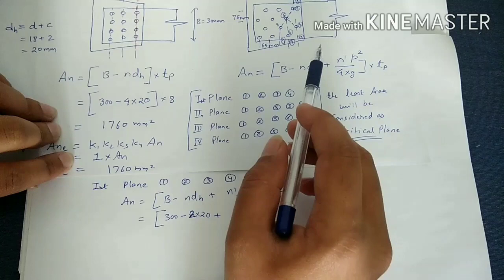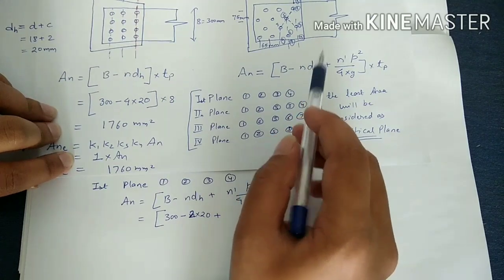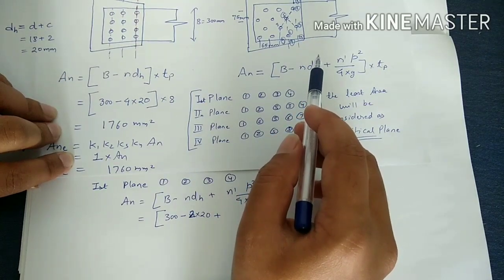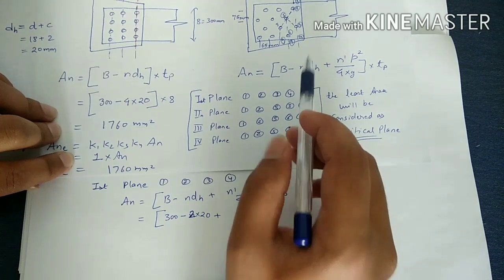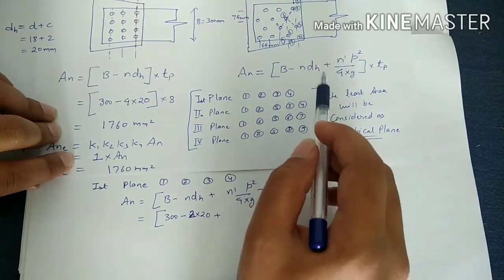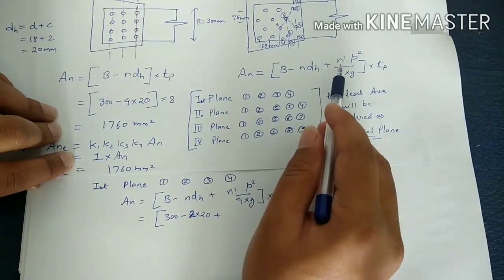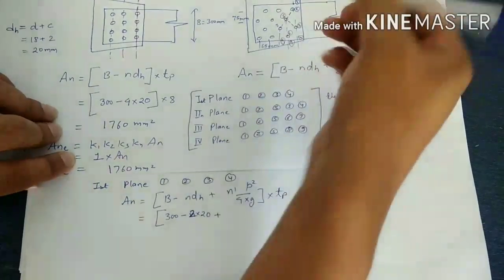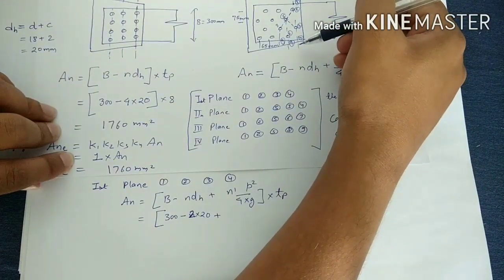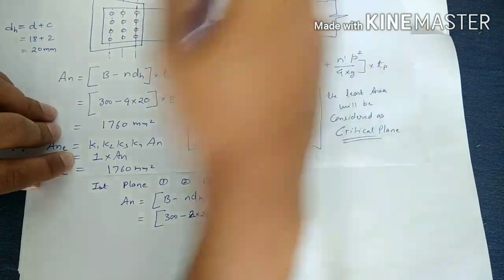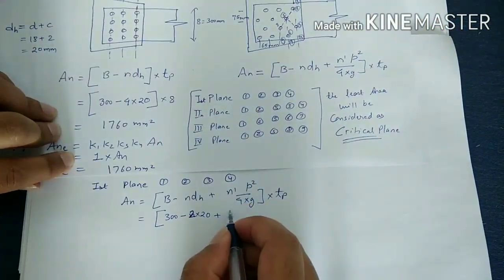Staggering means if the plane is staggered from its path, the number of times it staggers gives N dash. Since this plane is a straight line, it does not stagger, therefore N dash is equal to 0.